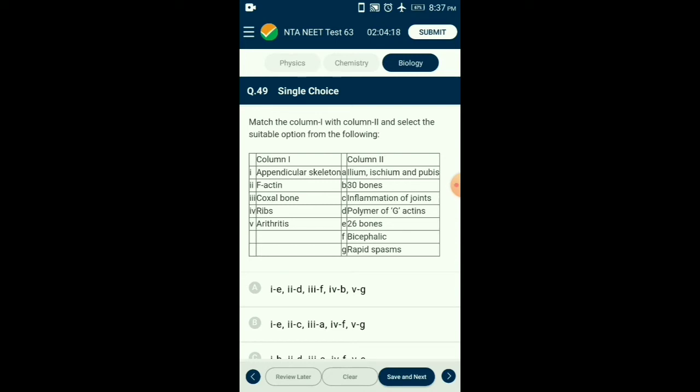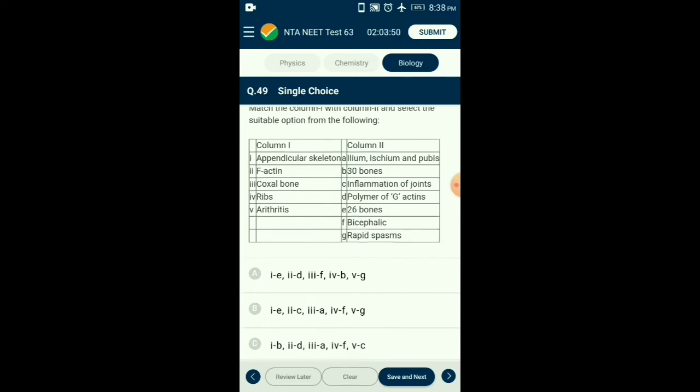The coxal bone includes the hip bone. Pelvic bone is a large flattened irregularly shaped bone and is composed of the ilium, the ischium and pubis. In vertebrate anatomy, ribs are the long curved bones which form the rib cage.